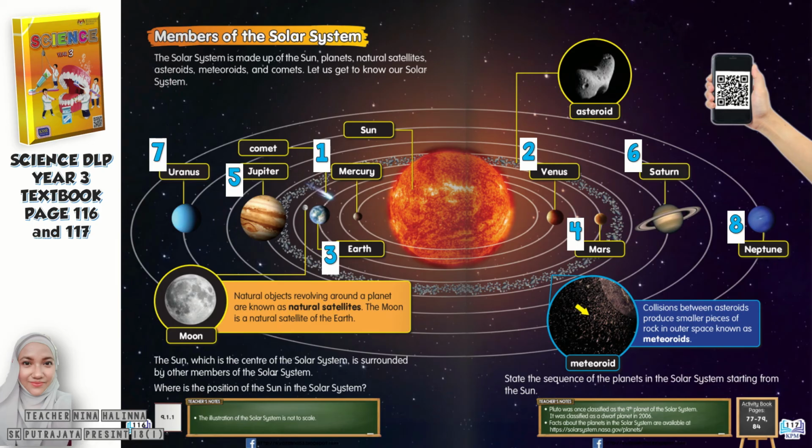One thing I want you to know, so you don't get confused, is what you are looking at here. These members of the solar system are actually moving consistently. All of the members of the solar system are moving except for the sun. The sun does not move, it just stays there at the center.